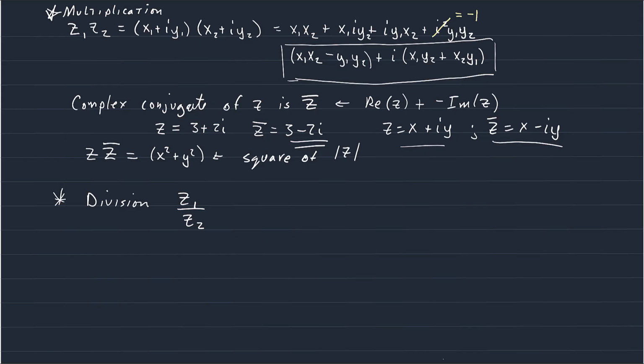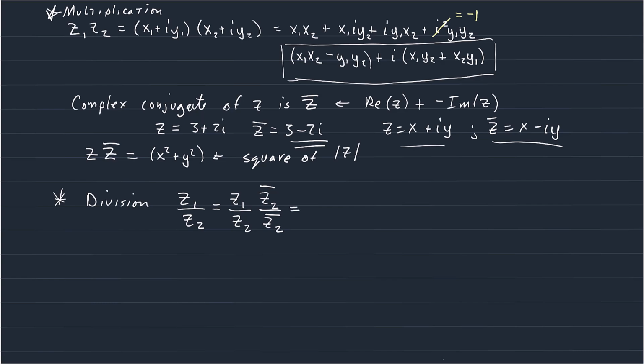So we're going to do a little trick here. We're going to multiply by 1, and that 1 will be the complex conjugate of the denominator in the numerator, over the complex conjugate of the denominator in the denominator.